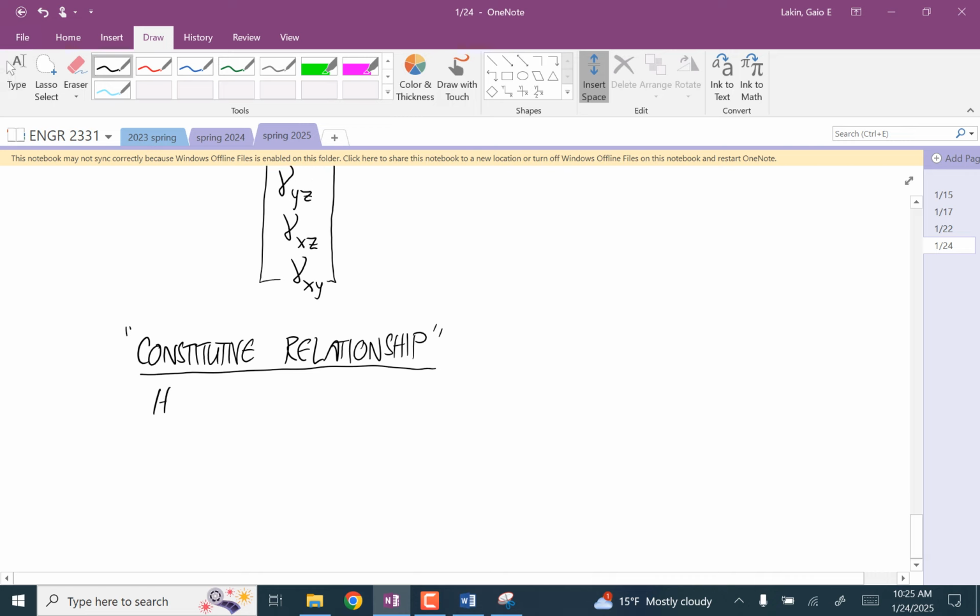This is a Hookean material. Which is also the same thing as saying it's linear elastic.